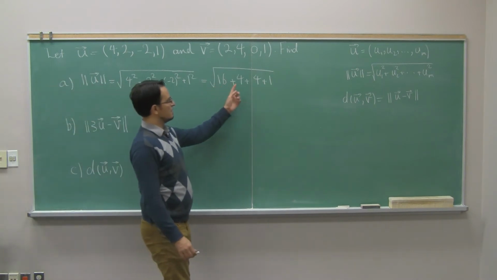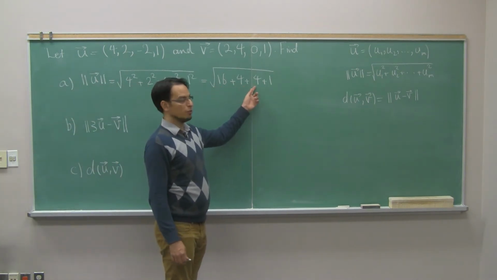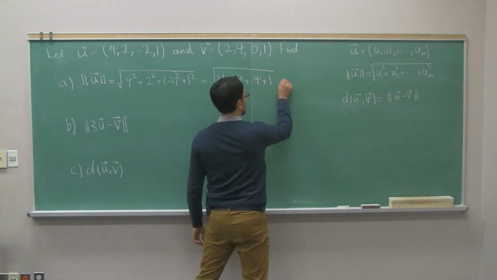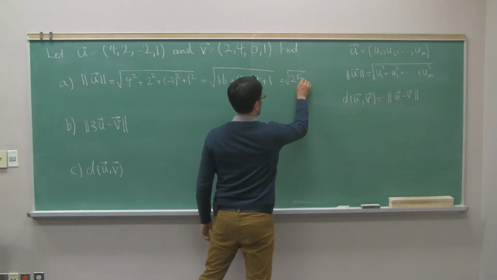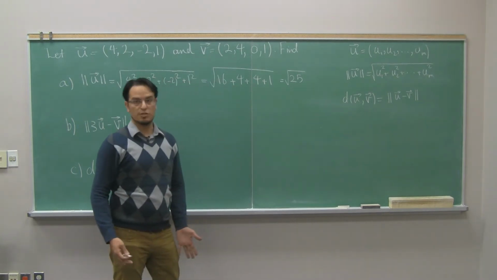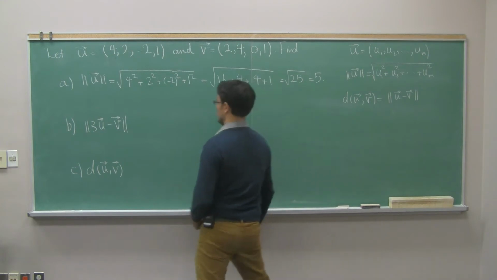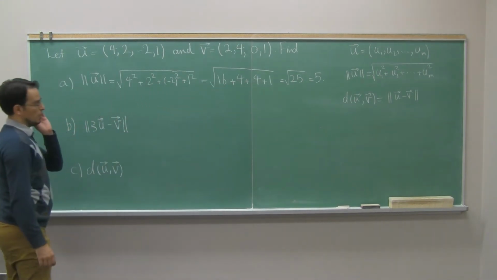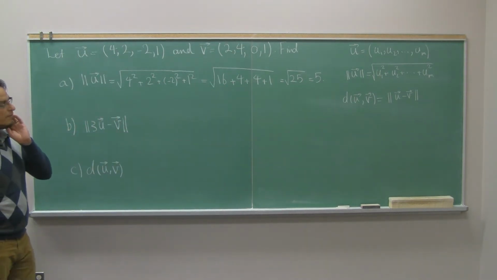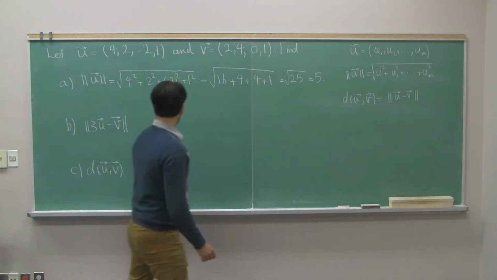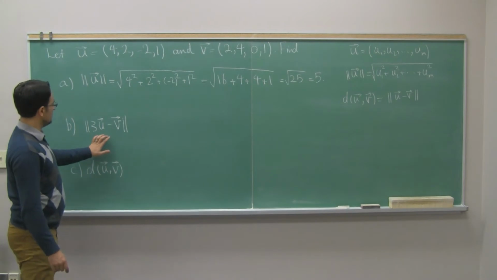If I add 16 plus 4 is 20, 20 plus 4 is 24, plus 1 is 25. And we know that the square root of 25 is 5. So that's part A. And as I said before, the only thing you need to know is the formula for the length.